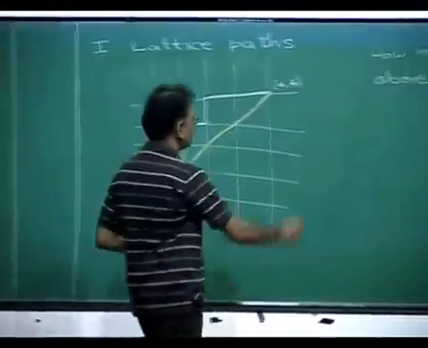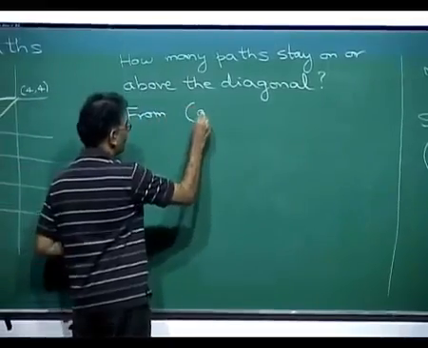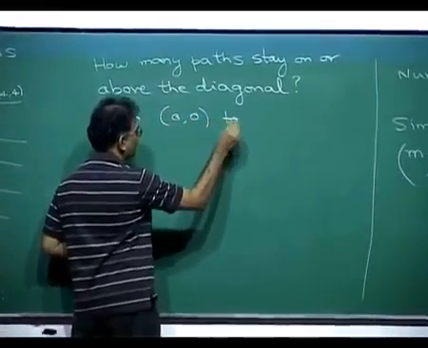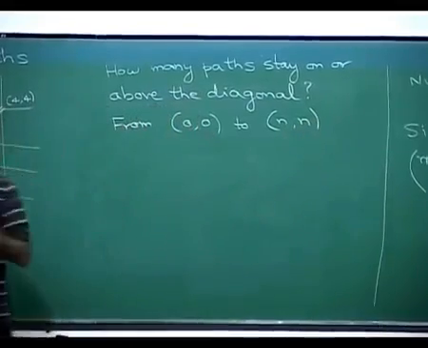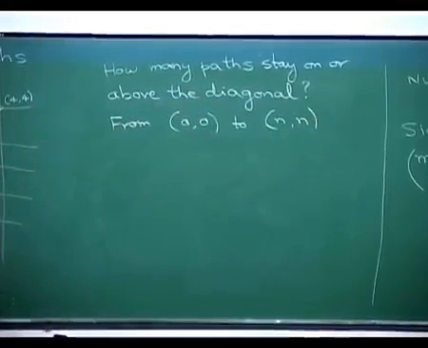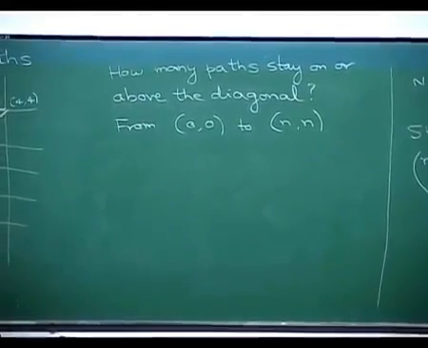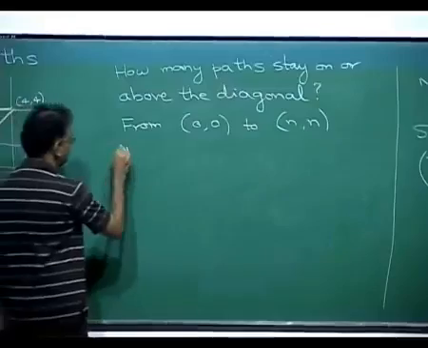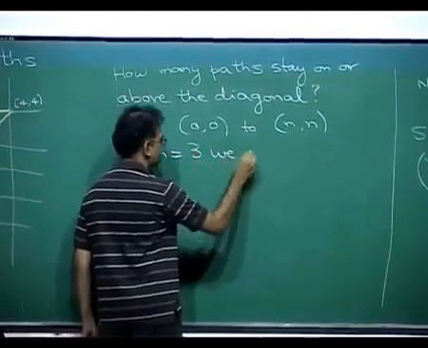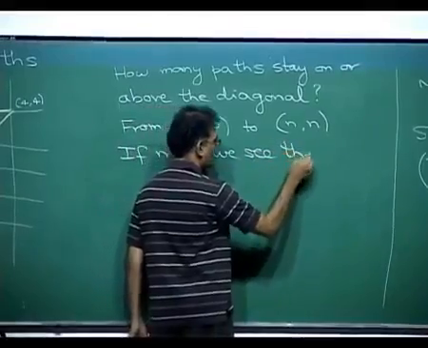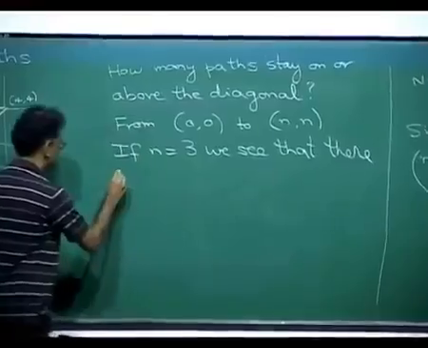How many paths? So these are paths from (0, 0) to the point (n, n). Here n is 4, but you can take n to be anything. So let me just do the case where n is 3, right? When n is 3, let me list out all these paths. So we see that there are the following paths.